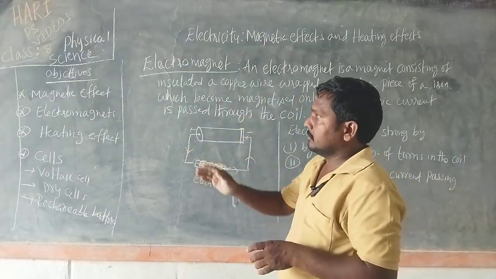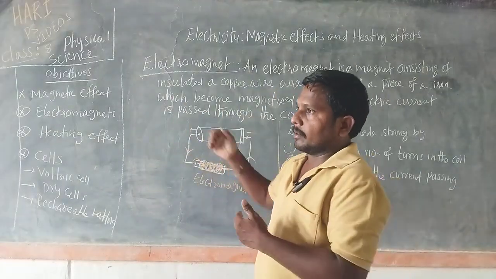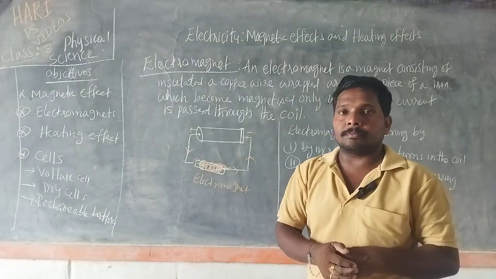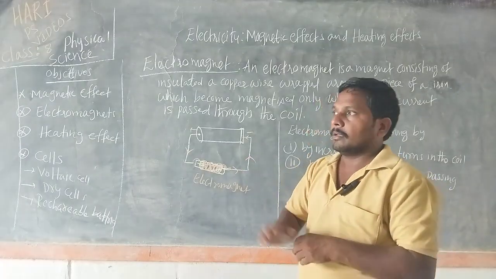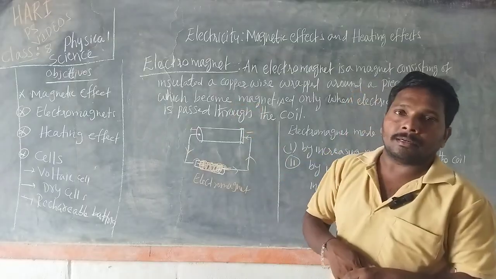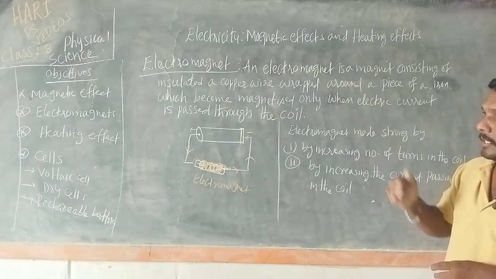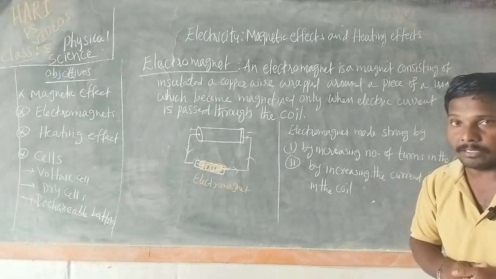Next topic, electromagnets. Before this topic, I re-upload the concept of magnetic field because while studying electromagnetism, or the magnetic effect of electric current, I use the term magnetic field.